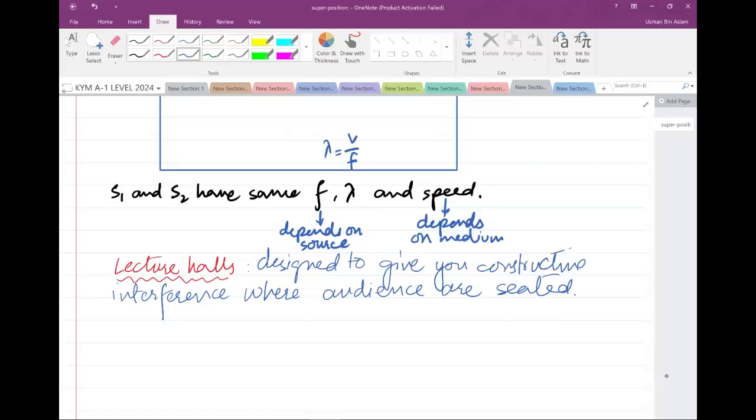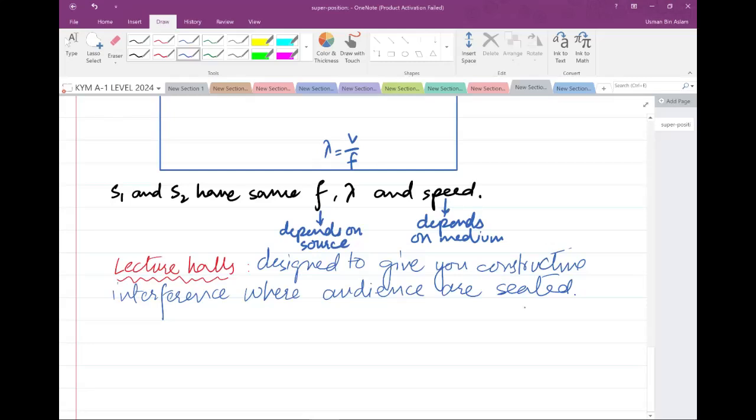A few lecture halls are so well designed that the lecturer doesn't even need to have a microphone. Whatever they say, every person sitting in the lecture hall is able to hear it, because before we actually design the lecture hall, we first decide the acoustics of that hall. That means we decide special positions where constructive interference will take place.